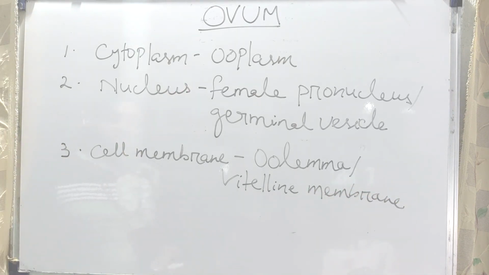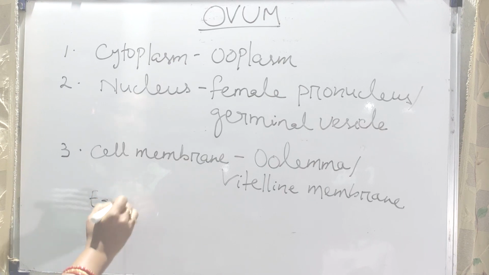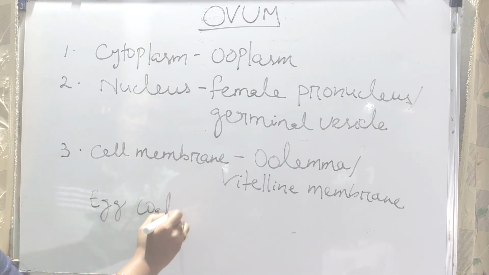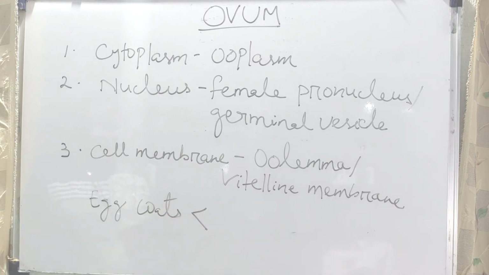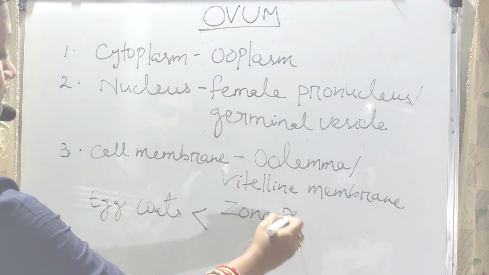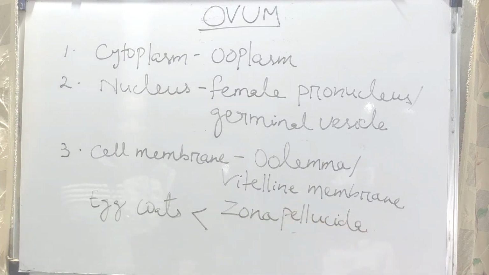Outside the cell membrane, there are two more egg coats present. What are these egg coats? Because the ovum itself is known as the egg. One is the zona pellucida and the other one is known as corona radiata.